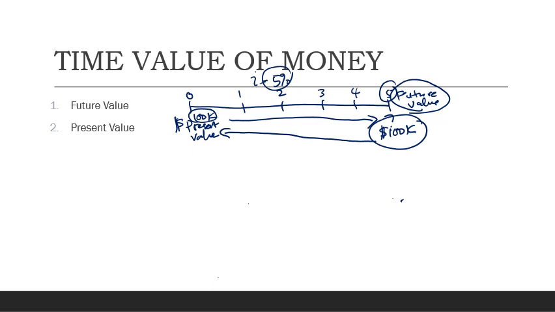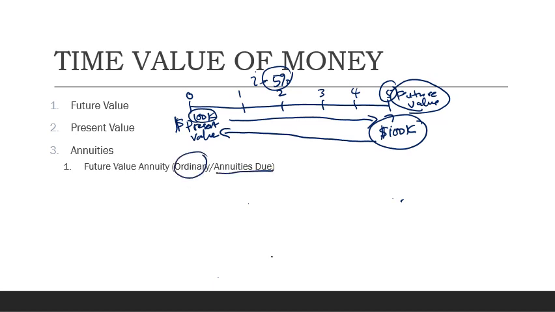Another type of time value of money is annuity. There are 4 types of annuity. One is the future value annuity, which can also be categorized as an ordinary annuity or annuity due.